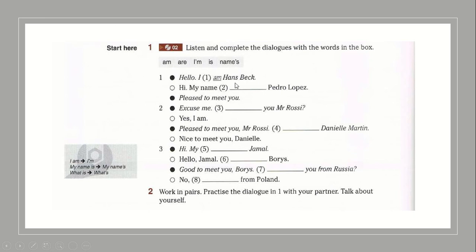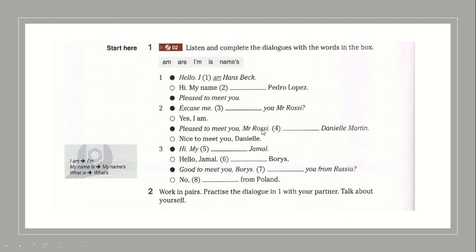Okay, so now let's have a look at the dialogues before we listen. This is what you should do before listening. Read the text. Number 1. Hello, I am Hans Beck. Hi, my name, space Pedro Lopez. Pleased to meet you. Number 2. Excuse me, space, you Mr. Rossi? Yes, I am.